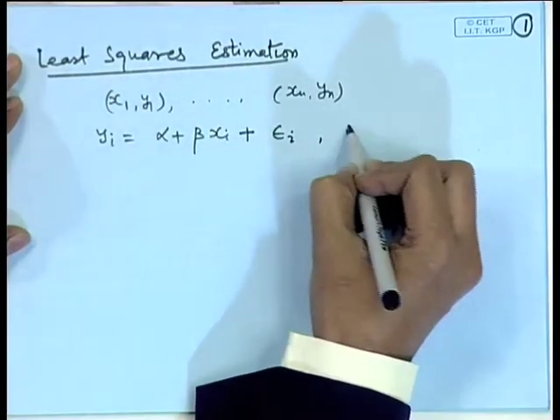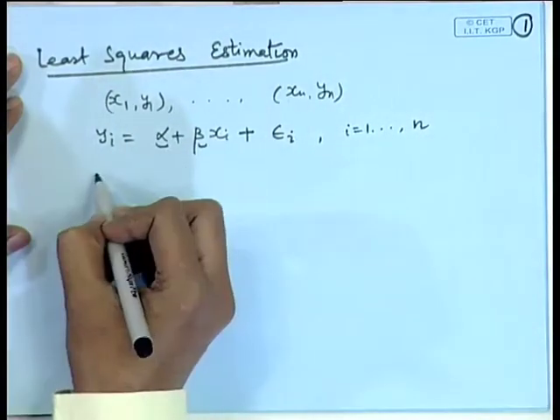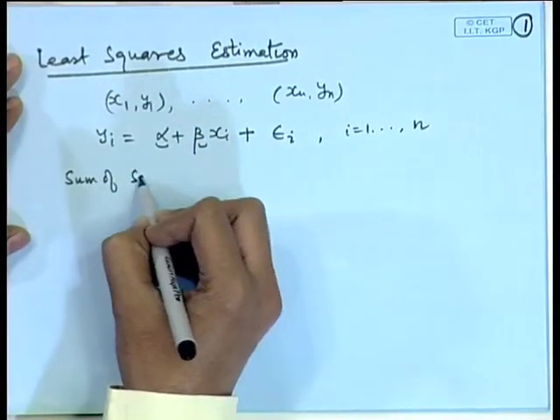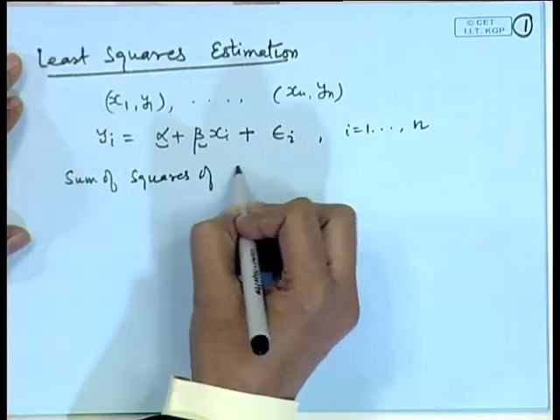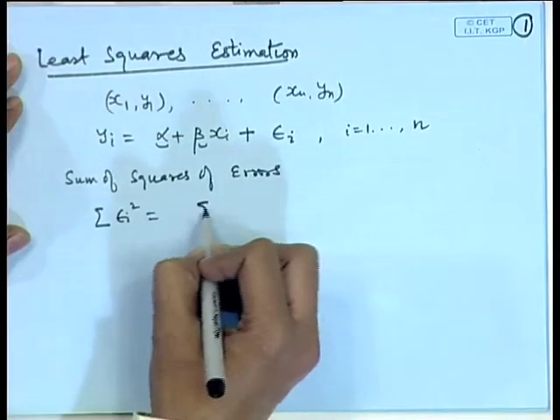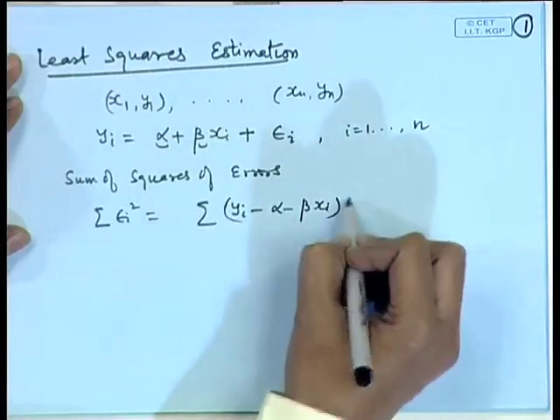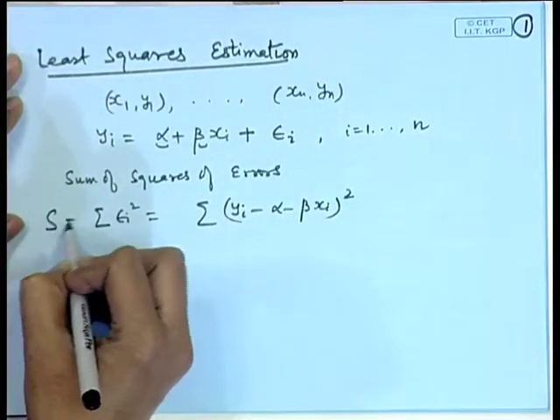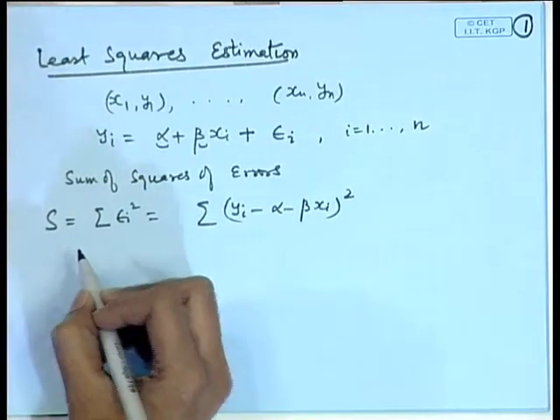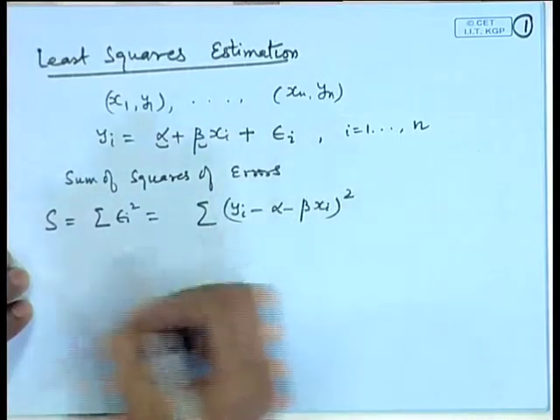So, the purpose is that we should estimate the parameters of the model, that is alpha and beta, in such a way that the sum of squares of errors, that is sigma y i minus alpha minus beta x i square, let me call it S. So, in the least square methods, we want to find out alpha and beta such that this S is a minimum.